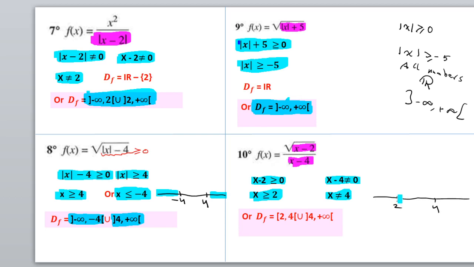All the values that are greater or equal to 2 is included, except this part. هيدا part no, it's not allowed. okay. فإذا 2 closed till 4 يعني 2 is included. closed على 2 opened على 4 then union 4 plus infinity opened على 4 then plus infinity. That's it.